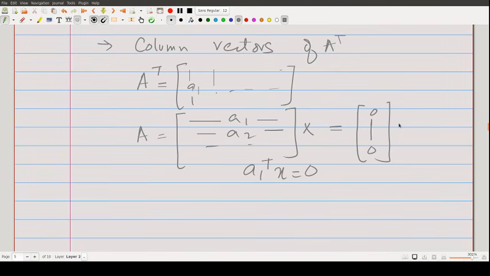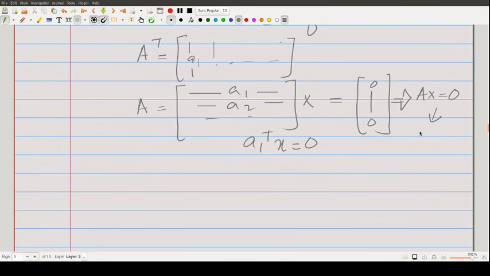Therefore Ax equals 0, which essentially means that X is in the null space of A.